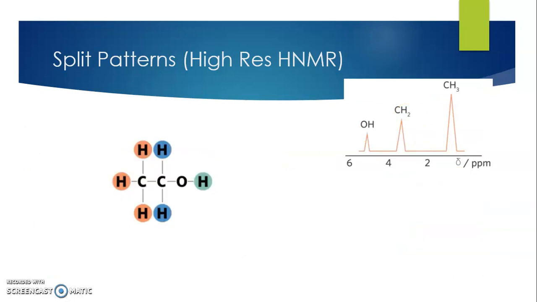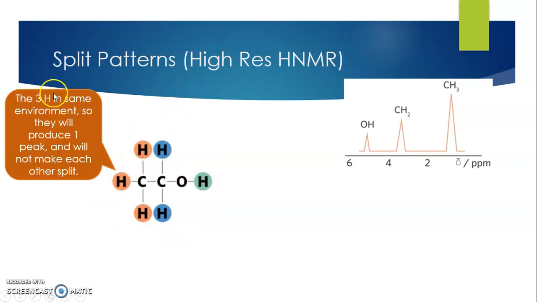So let's look closer. Now we are very familiar with identifying hydrogen environments. So we know that these 3 orange hydrogens are in the same environment. Therefore, they will produce one peak on the spectra, and they will not cause each other to split.